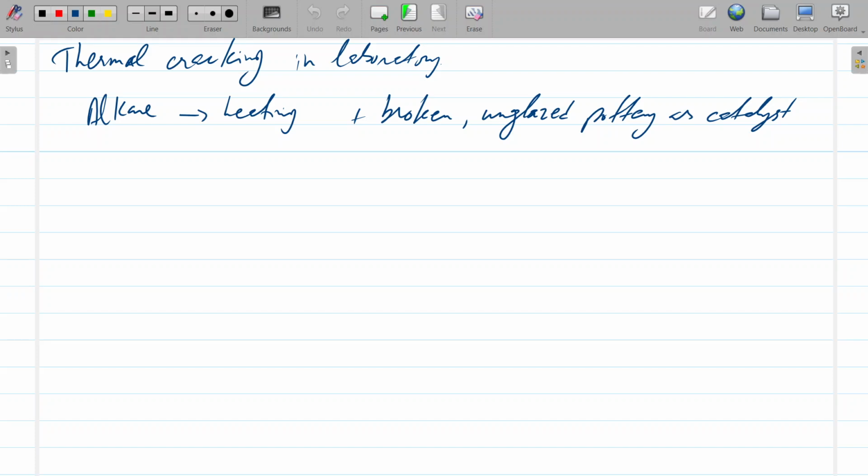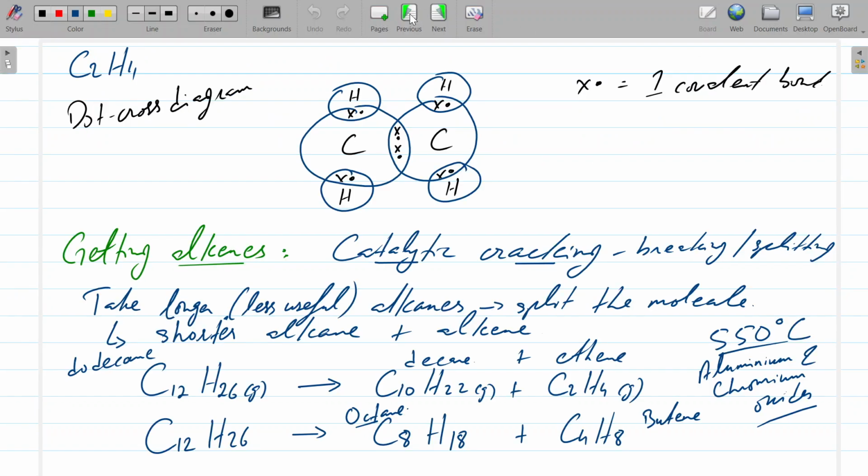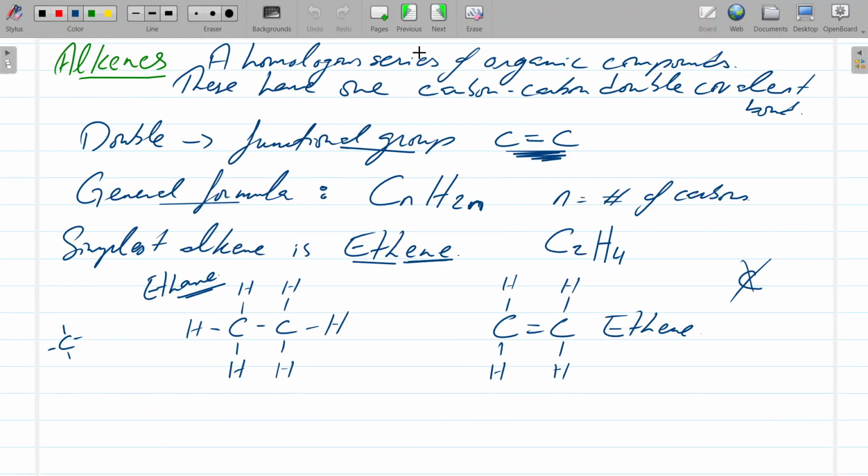All right, so the last time we talked about alkenes, and those are hydrocarbon compounds, organic compounds with one carbon-carbon double bond in them. Their general formula is CnH2n, where n represents the number of carbons.